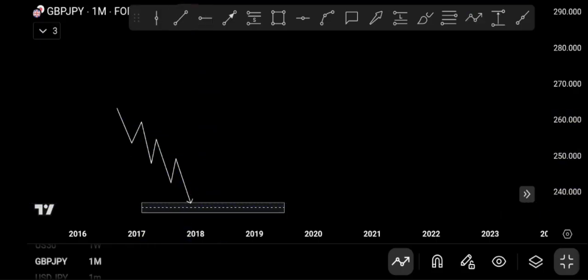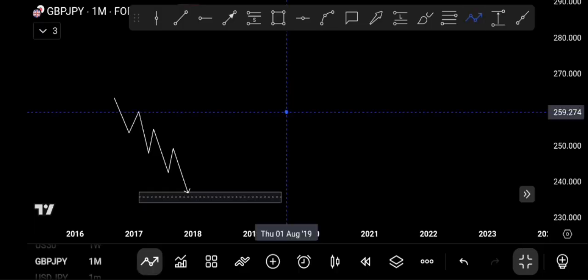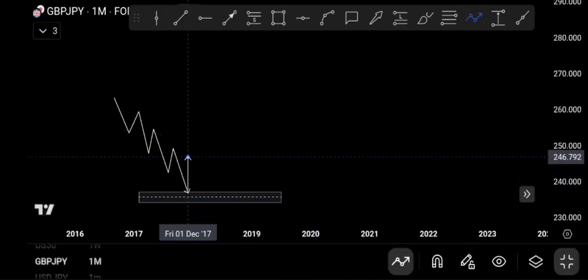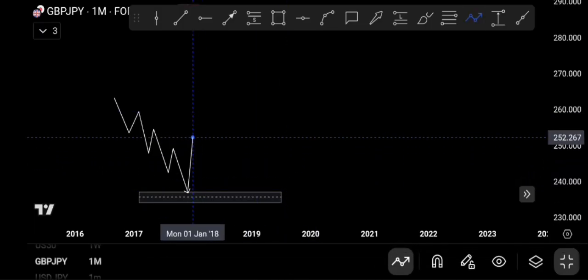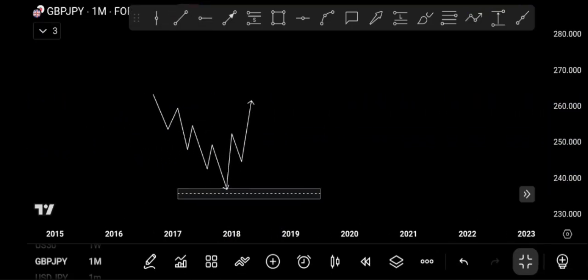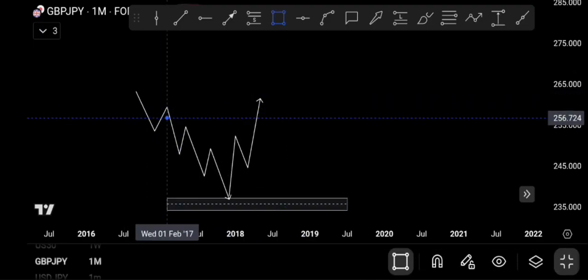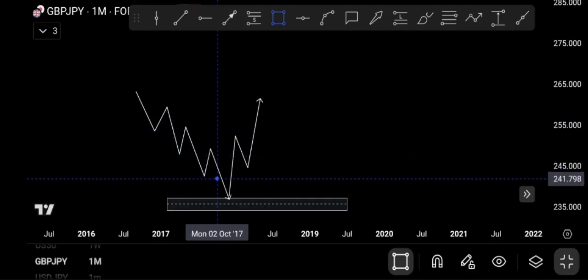Then we have price breaking structure to the upside. You understand? We have price breaking structure to the upside. Now mind you, all these zones, what is making price give this pullback and sell, give this pullback and sell?